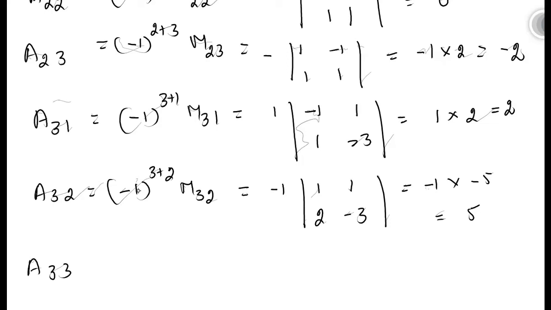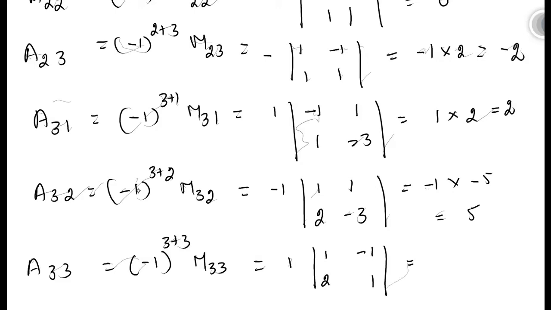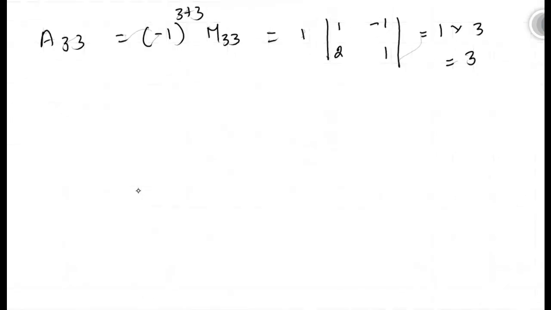Finally, A33 is equal to (-1) to the power of 3 plus 3, M33, which is 1 into the determinant [1, -1; 2, 1], which is 1 plus 2, equal to 3.